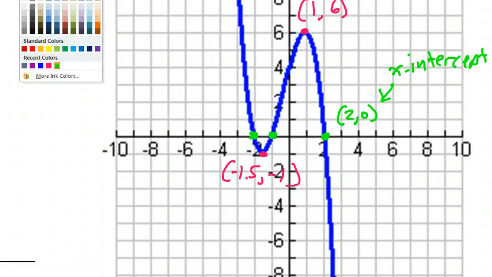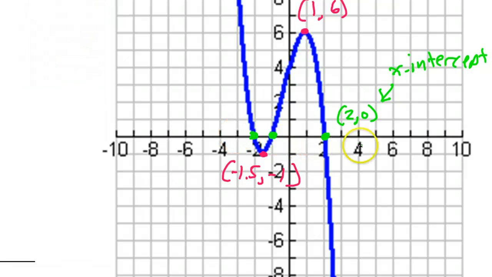Now, on the other hand, if I say zero, the zero is just 2. 2 is the zero. So just the number is the zero. The whole ordered pair is the x-intercept. So technically the zeros are 2, negative 1, and negative 2.